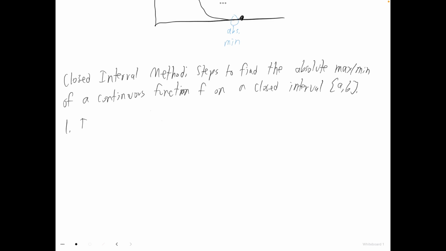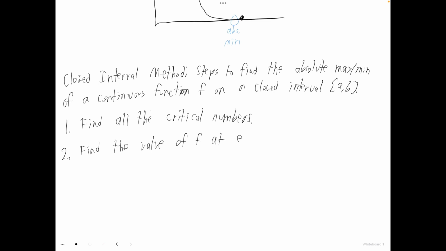So step 1 is find all the critical points, or critical numbers. Again, these are places where the derivative either is 0 or does not exist, but the point is in the domain. So these would be points in the interval a to b where the derivative is 0 or does not exist. Step 2 is find the value of f at each of the critical numbers.